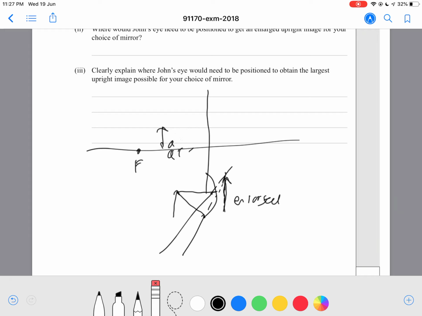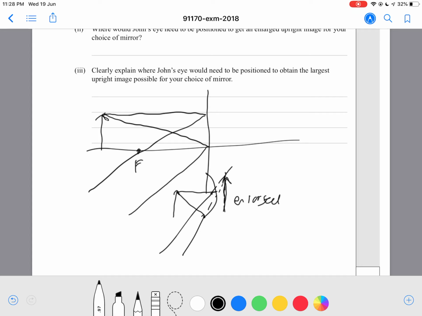But if our object is outside the focal point, that becomes a big problem. So if our object is here, the first ray will travel to the concave mirror and bounce back towards the focal point. The second ray is going to go towards the horizontal axis and reflect at the same angle theta.